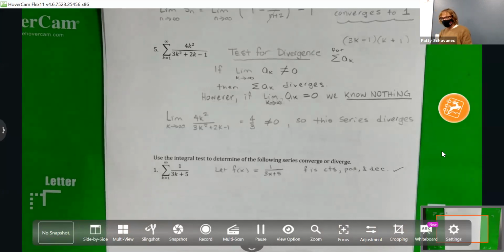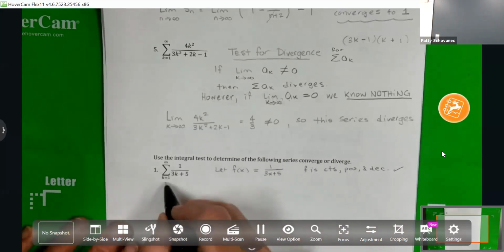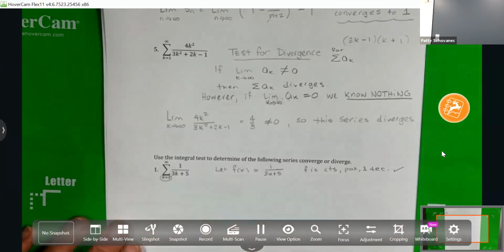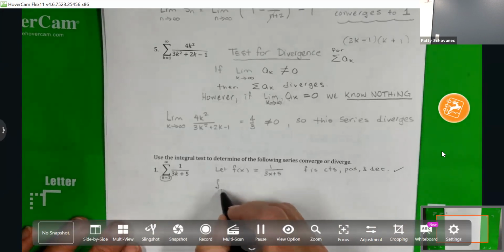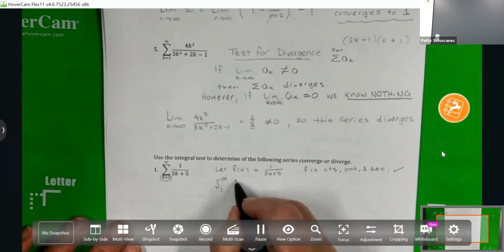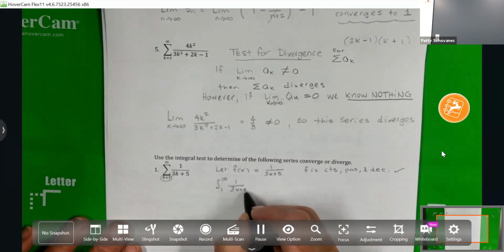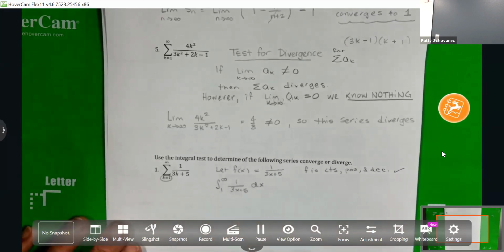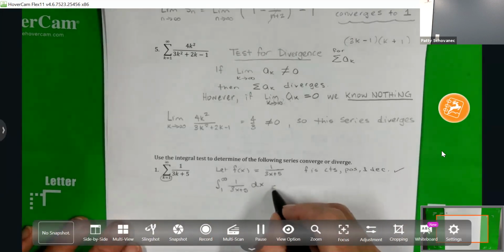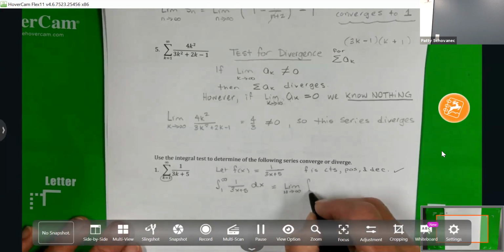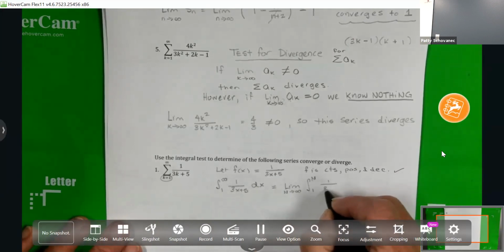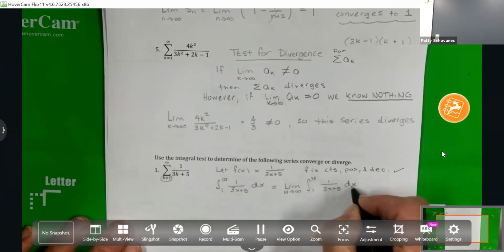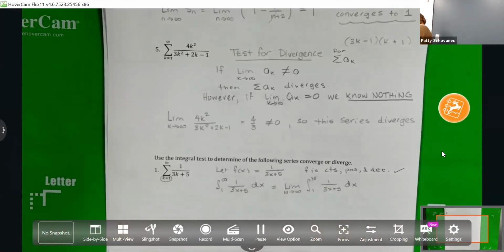Let's just integrate it. Our lower bound is always the same as the lower bound on the counter. So I'm going to integrate from 1 to infinity of 1 over 3x plus 5 dx. And we do that with a limit. Say as n goes to infinity, from 1 to n, 1 over 3x plus 5. That's just a 1 over u du integral, isn't it?